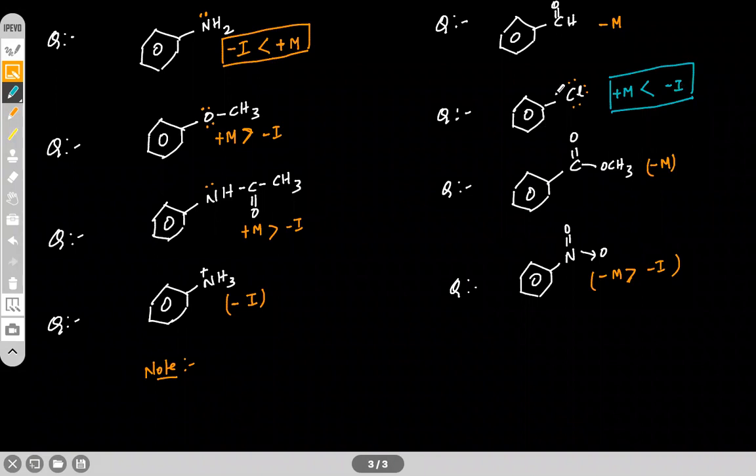Okay, so in case of a halogen atom, if the halogen atom is attached to the ring directly, then the minus I effect dominates. Write down this exception. Done?